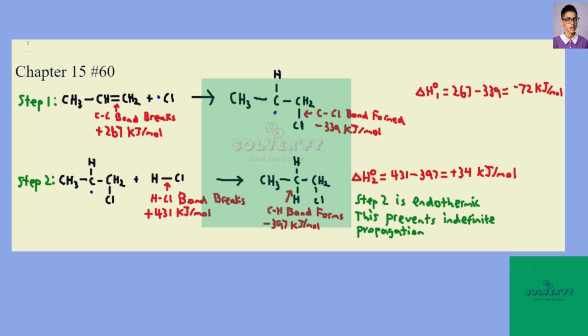And again, we can tell that because it requires energy. It has a positive number for its delta H naught. And so that means it's endothermic and it needs energy, and it therefore is not spontaneous. And therefore, it is the step that prevents indefinite propagation of this reaction.